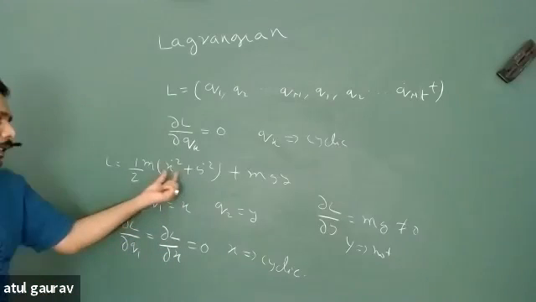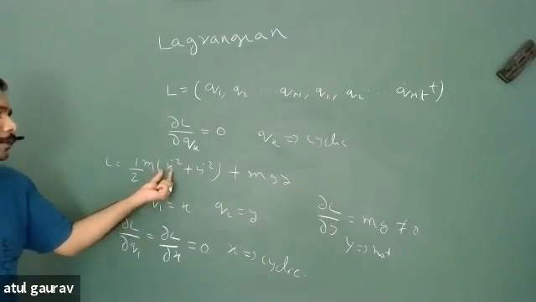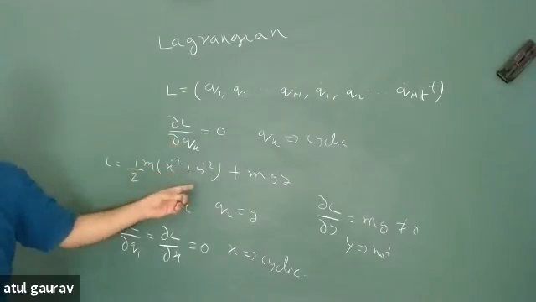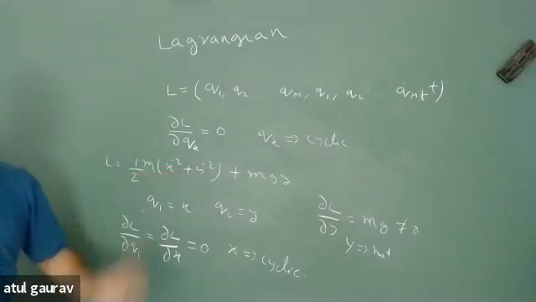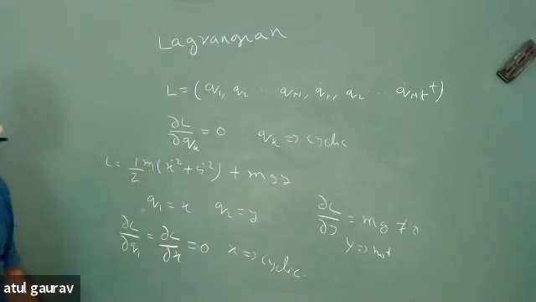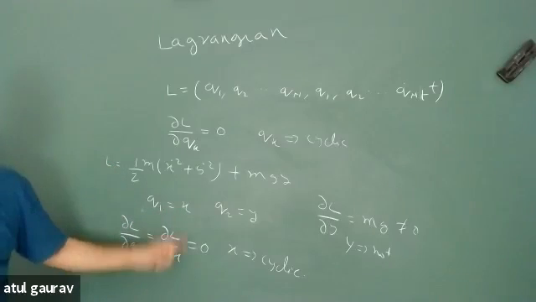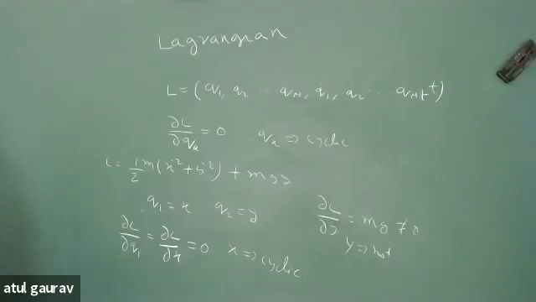So in the kinetic energy, we have x dot square, y dot square, and this is for 2 degrees of freedom. So x and y are the generalized coordinates. But this Lagrangian is not an explicit function of x, so x is identified as a cyclic coordinate.